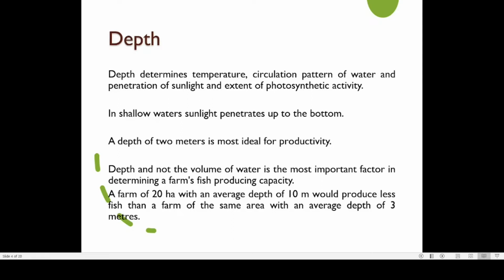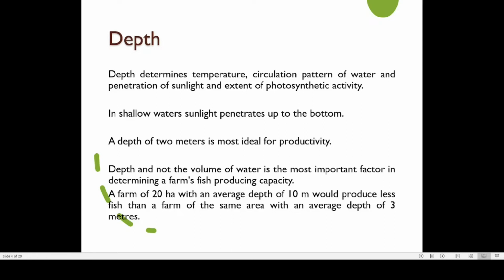Usually the depth will be 2 meters or so, so that there will be enough photosynthesis, and enough food will be produced by the algae, so the fish can easily get sufficient food. If there is no photosynthesis, the fish may not get enough food. So the amount of photosynthesis is important for us. If there is insufficient photosynthesis, there will be insufficient algae for consumption by the fish.